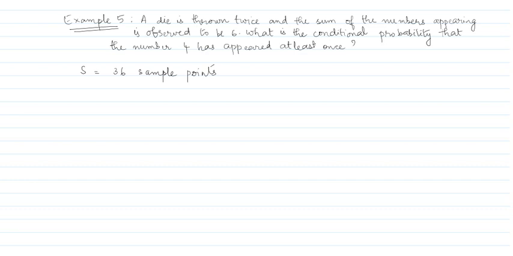Now, let's focus on what event A is. You are asked to find the conditional probability that the number 4 has appeared at least once. So let event A be the number 4 has appeared at least once.